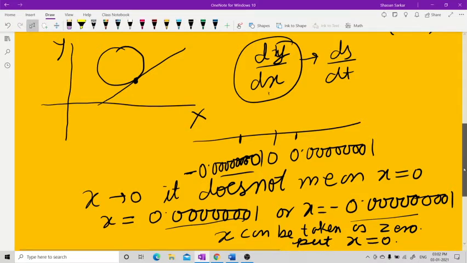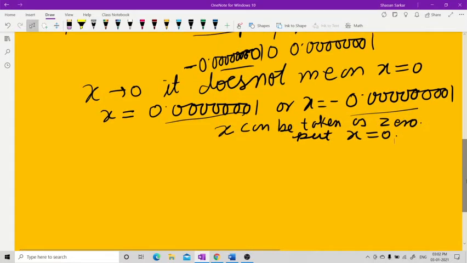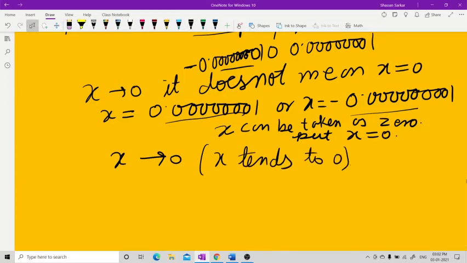This means x tends to 0. First, you understand this concept of tending to.